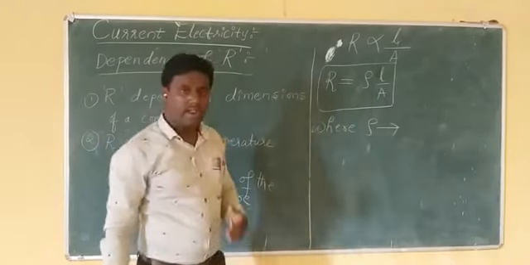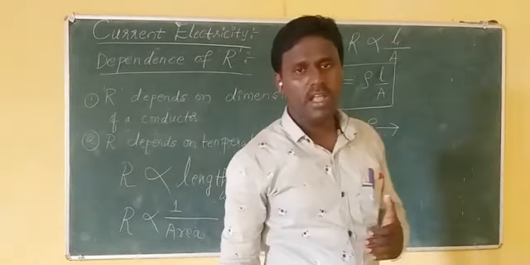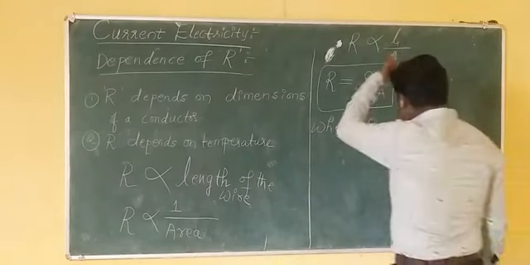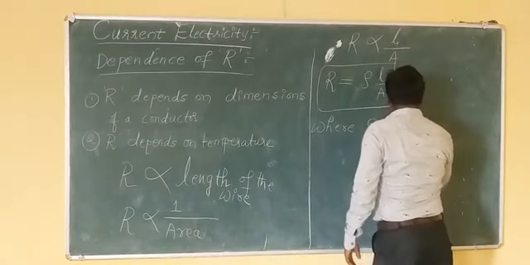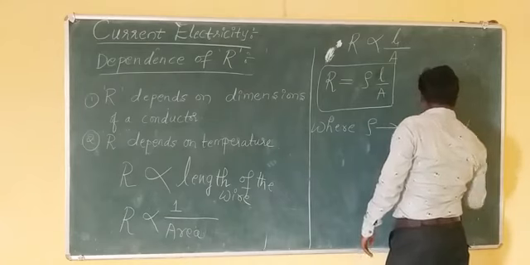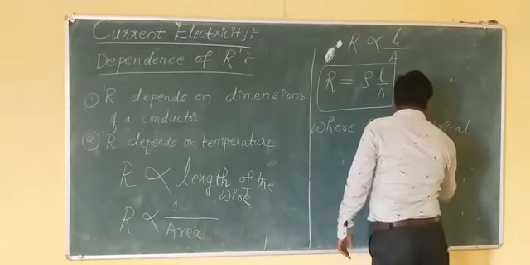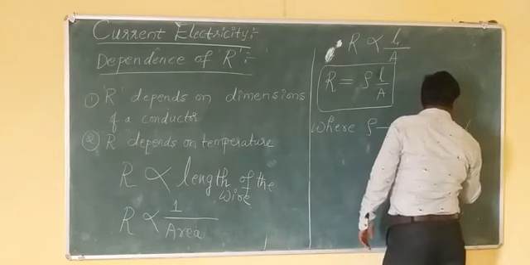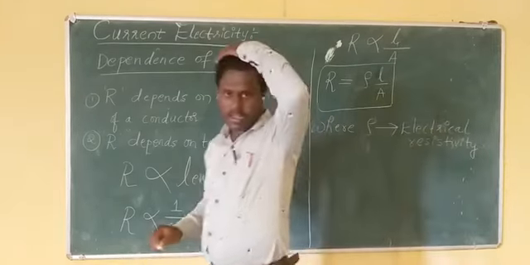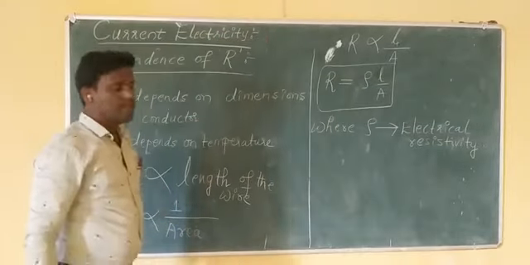What did you call R? You called it electrical resistance. Here, what should we call rho? See here, rho is called electrical resistivity. What do they call rho? Electrical resistivity. What do they call R?